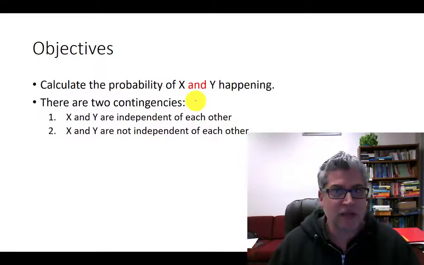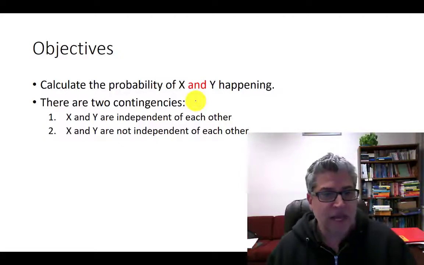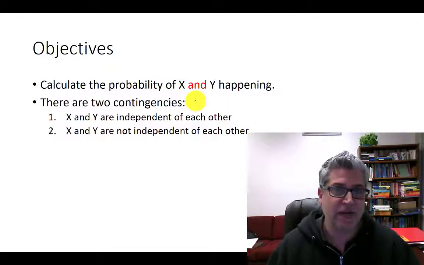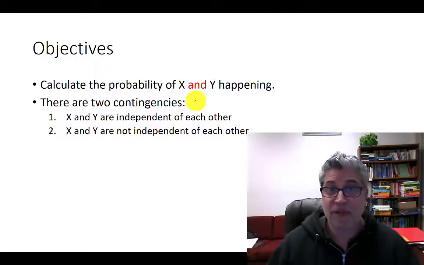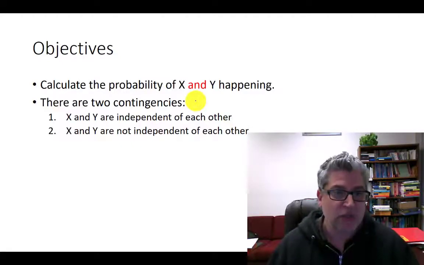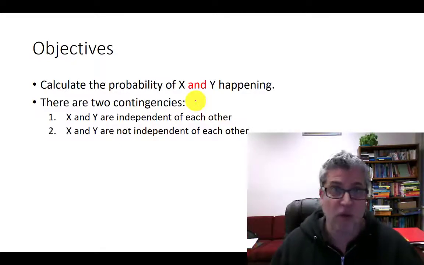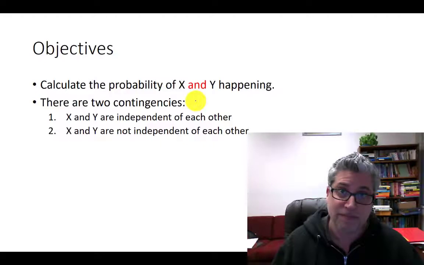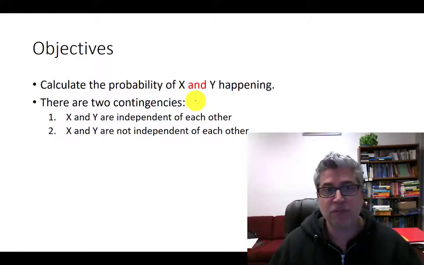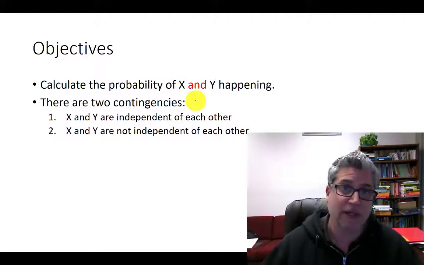Then you can calculate the probability of a heads and a 6 just by multiplying their two probabilities. But sometimes x and y are not independent of each other. Sometimes the probability of y depends on the outcome of x. And so then you would need to make an adjustment and revise your probability once you know what happened with x. So that's kind of the game plan. We're going to be multiplying two probabilities to get at a joint probability.